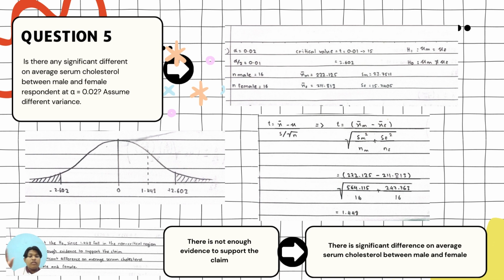So when we put the value in, we find the value of t equal to 1.448. And when we draw the diagram, 1.448 does not fall in the critical region. So we must not reject the null hypothesis as 1.448 fall in the non-critical region. There is not enough evidence to support the claim that there is significant difference on average serum cholesterol between male and female respondent.